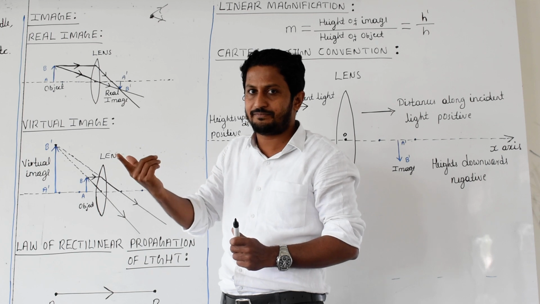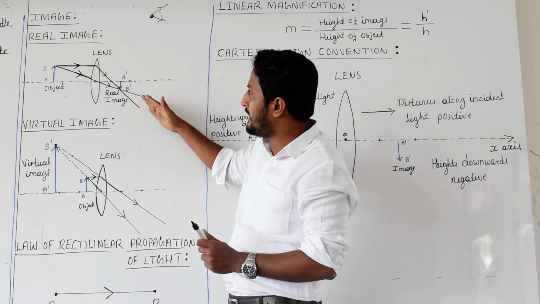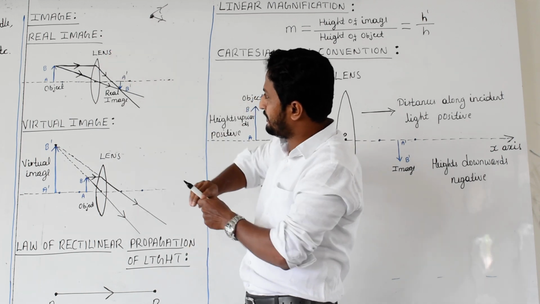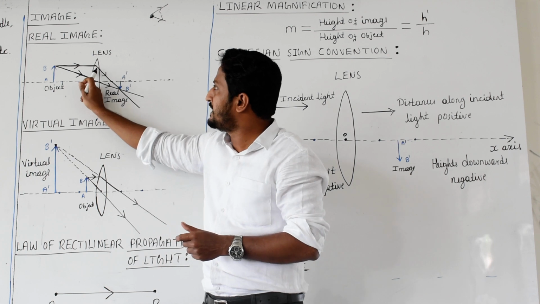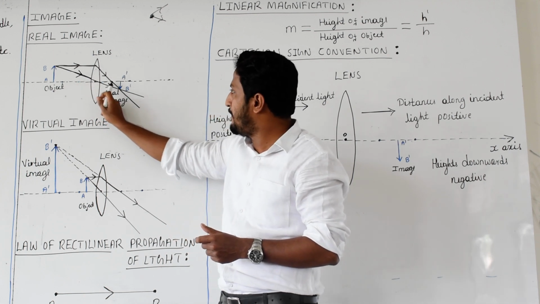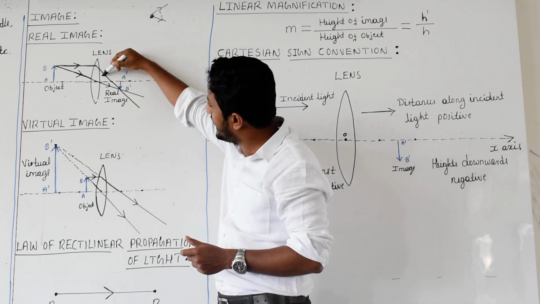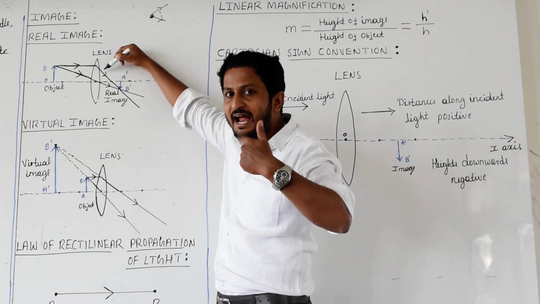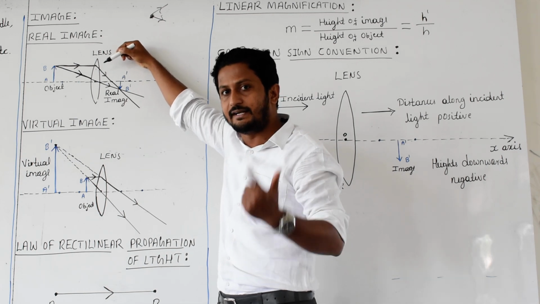We'll see later. That light ray passed through the lens, bent and refracted. This is the incident light ray; it got incident on the lens and deviated in this direction. So we call this a refracted light ray.